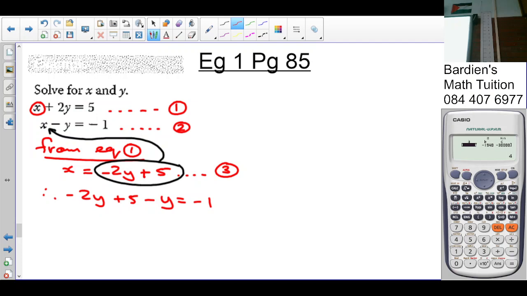1. Okay. Now I want you guys to solve for y. You see there's one unknown in this equation now. So do that quickly. Solve for y.